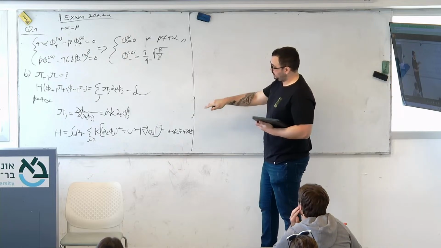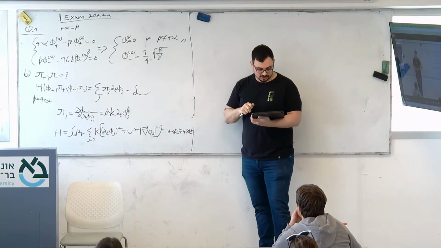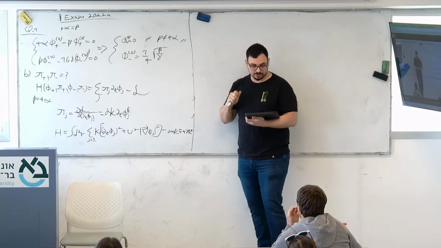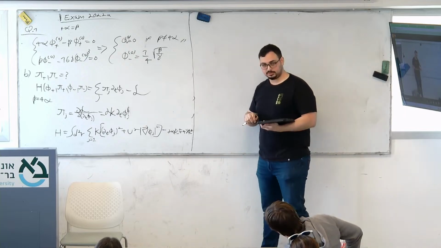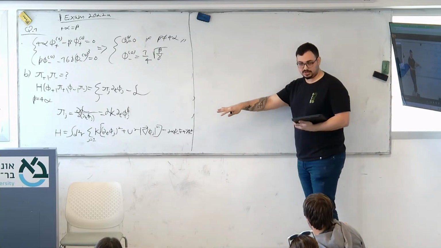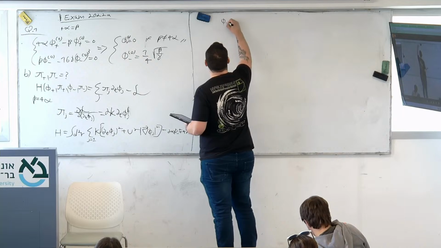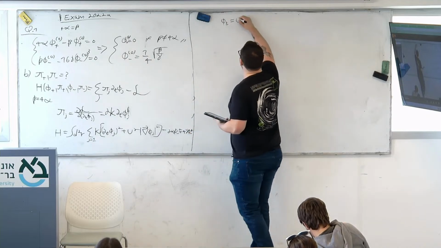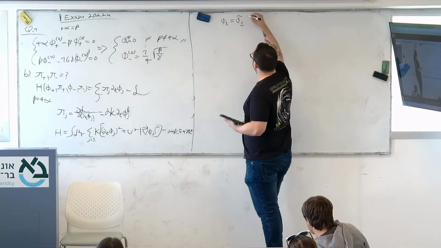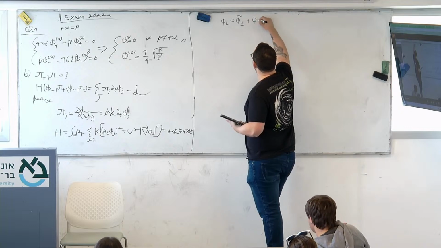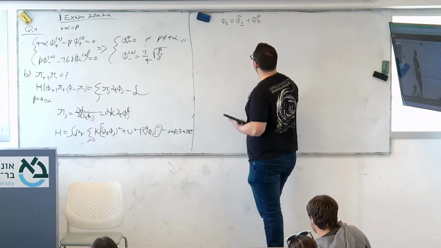I'm just leaving it here for a second, just to make a point about the approximation. I'm going to write the replacement in a second. Okay, so we're given phi plus minus equals phi plus minus wave plus phi minus 0.